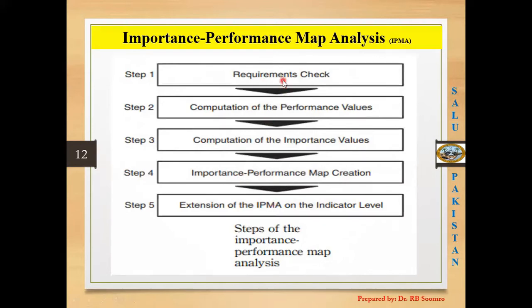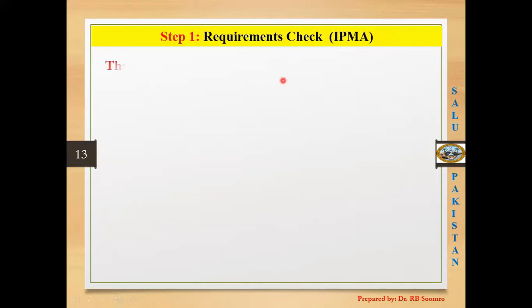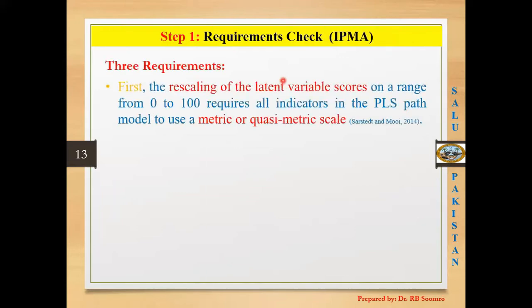First, our step is the requirement check. Whenever you want to apply the IPMA, first we are required to check the requirements, that is, whether the model on which we want to apply the IPMA is fulfilling all these 3 requirements or not. The first requirement is rescaling the latent variable scores.